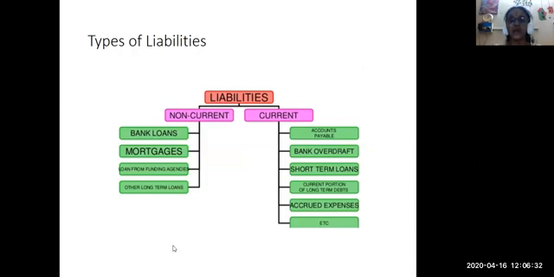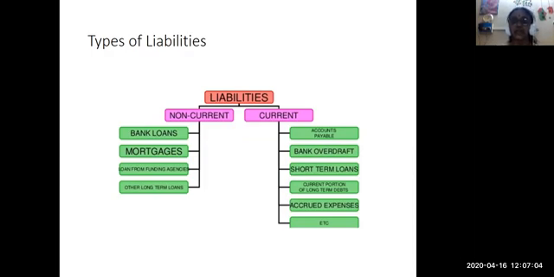Current liabilities include short-term loans, bank overdraft or accounts payable. Accounts payables are those items which are purchased on credit basis, so we can make payment for those items later. That is why they are known as accounts payables.